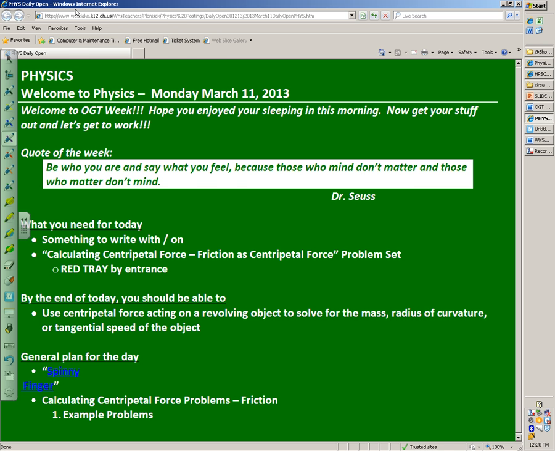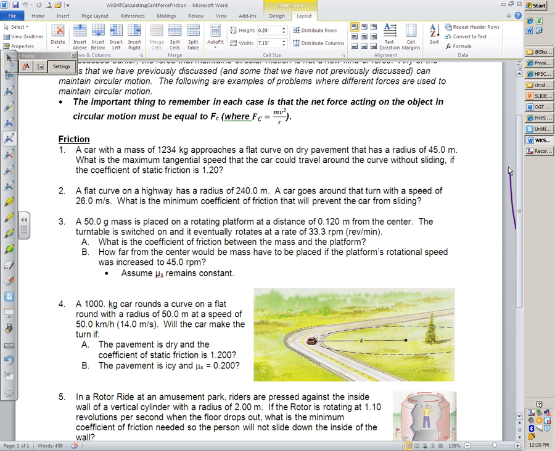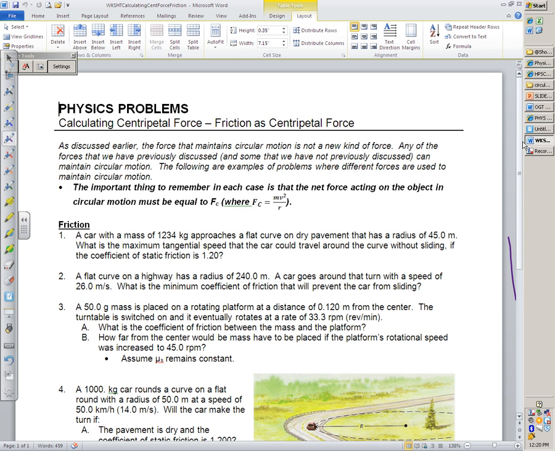Yeah? So the first thing I want to do for today is let's take a look at this sheet that is titled Calculating Centripetal Force, Friction as Centripetal Force. Last week, we introduced the idea of circular motion. And we talked about how circular motion is not a natural kind of thing. Why is circular motion not a natural kind of thing?